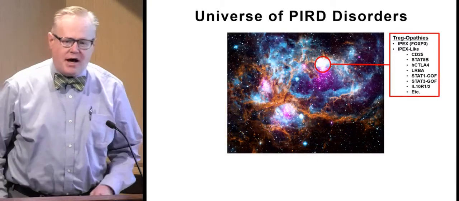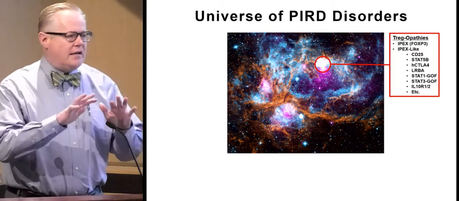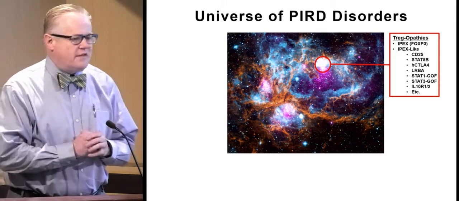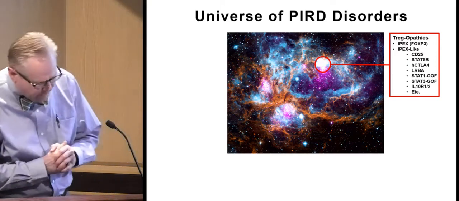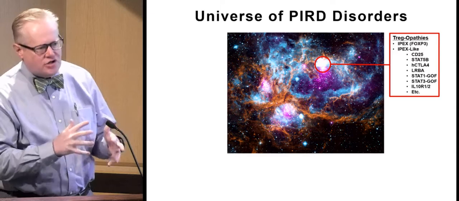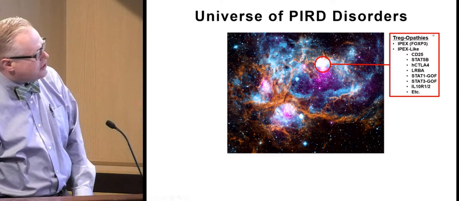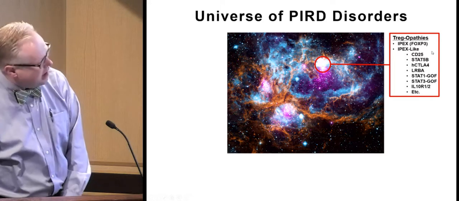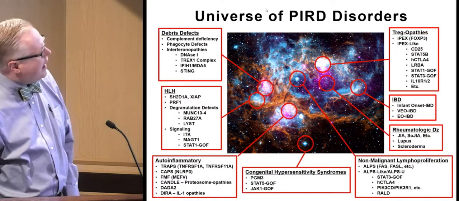Now, among these PIRD disorders, I wanted to highlight some of the different groups that have emerged as more and more genes have been identified. The first group that made people think about immune dysregulation was the group of IPEX and IPEX-like diseases, which you're going to hear a lot more about through this talk. But there's a bunch of other things.